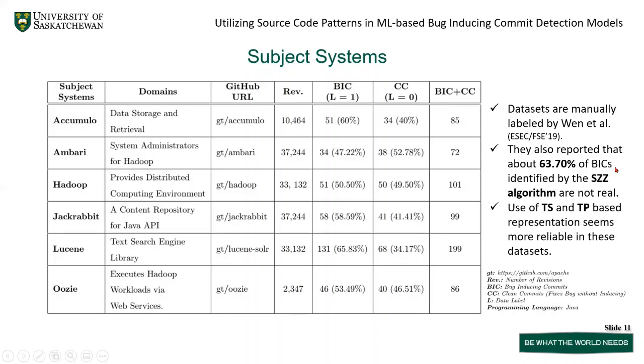We do not use automatically labeled data sets by the SZZ algorithm, as we found some study mentioning that the labeling of bug-inducing commits by the SZZ algorithm is not always correct. As we wanted to verify the performance of our introduced TS and TP features, we rely on these manually labeled data sets.